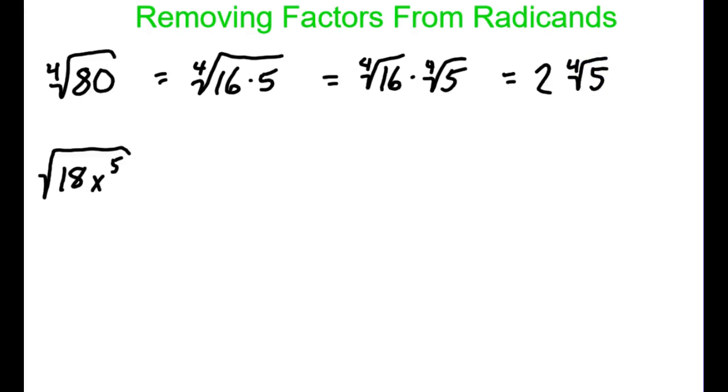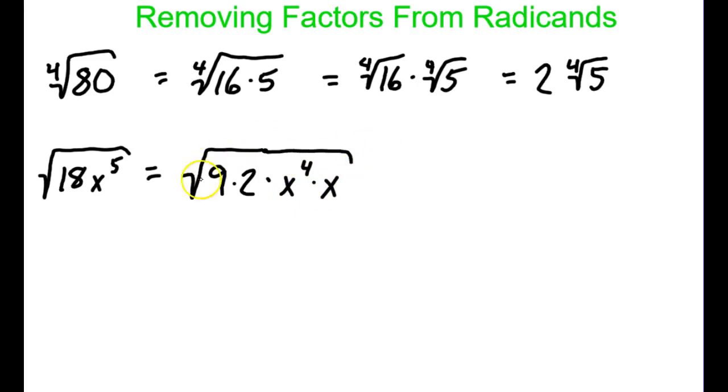In the next example, we have the square root of 18x to the fifth power. So now we want to look for factors of 18 that are going to be perfect squares, and also we are going to break apart this x to the fifth power. Recall that if we have a square root, our index is understood to be 2. So I'm going to break 18 up into 9 times 2, and we're going to break x to the fifth up into x to the fourth times x to the first power.